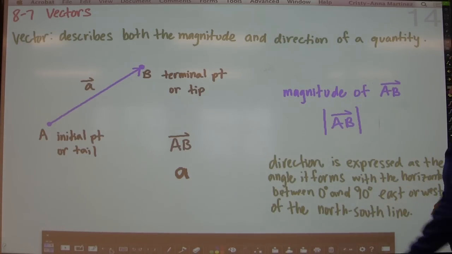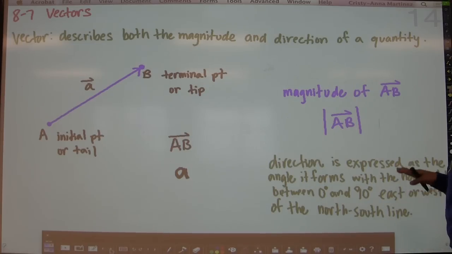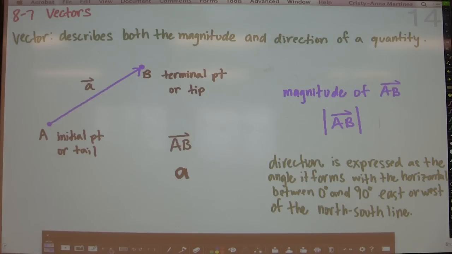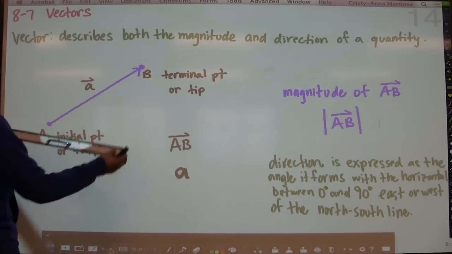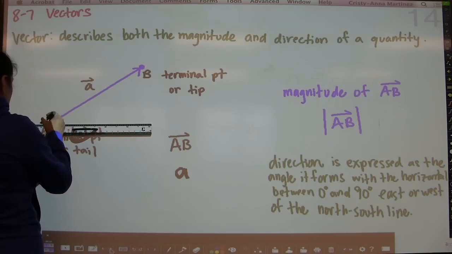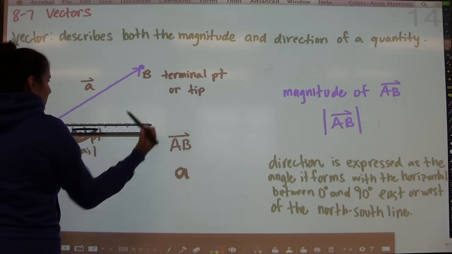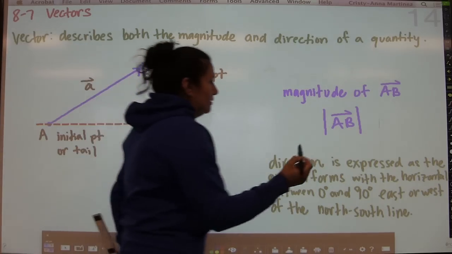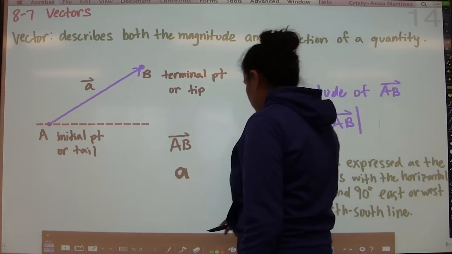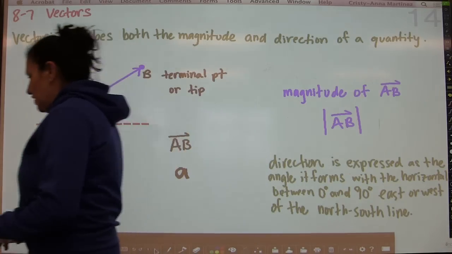But I also wanted to indicate the direction. The direction of a vector is expressed as the angle that it forms with the horizontal. I want to show you what I mean by that. So I'm going to draw in on this vector the horizontal, just like so. And then we're talking about the angle.